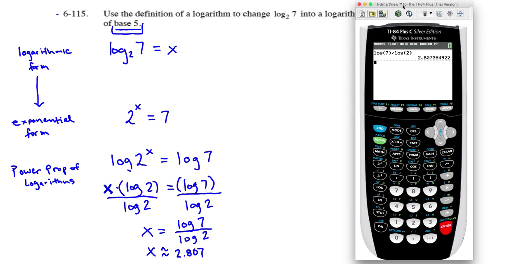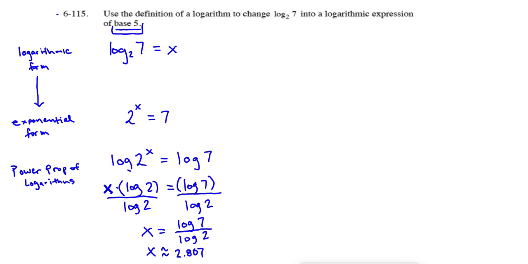So I want you to see here, we'll set this calculator aside for just a moment, that because we took the log on both sides, that was base 10, we did the same thing to both sides, so we ended up still with an answer. If you do something to one side of an equation, you also have to do the same thing to the other side.